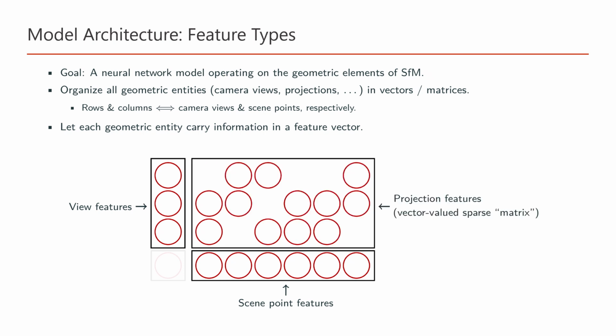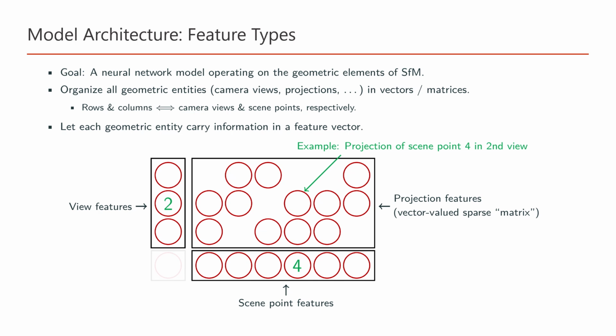And here you have projection features. So this is essentially a sparse pattern. It's not defined everywhere, and it depends on which scene point is visible in which camera. So for example, the green arrow here points at the projection, or image point, the 2D point, corresponding to the fourth scene point when projected into the second camera.